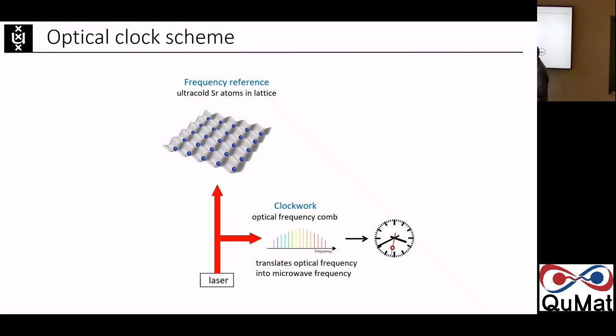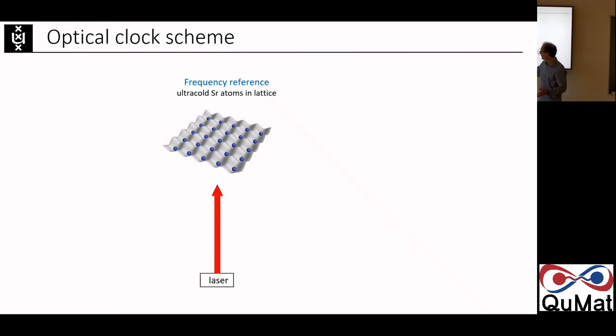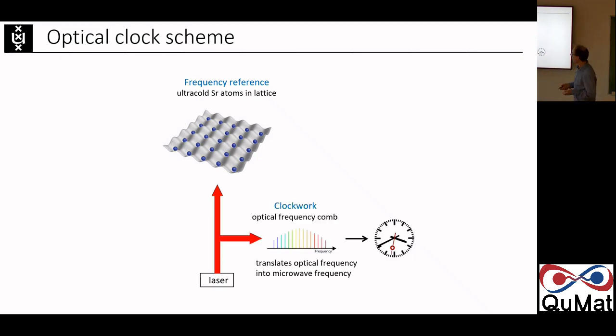So this laser is then stabilized accurately onto the transition of the atoms, and that's already a clock. But some people don't like their clock to tick at 460 terahertz. Those people then buy an optical frequency comb as a clockwork to translate this high optical frequency into whatever other frequency you want.